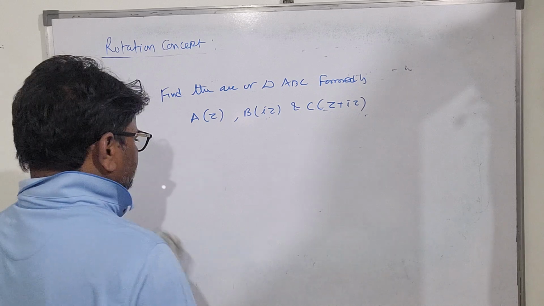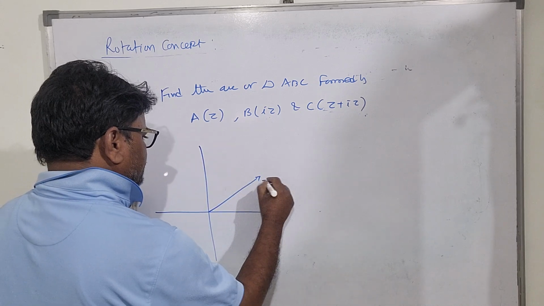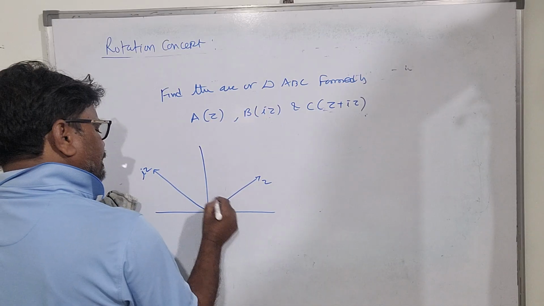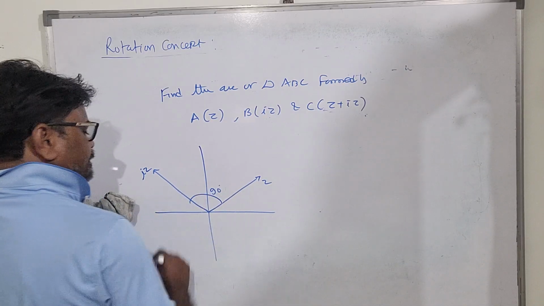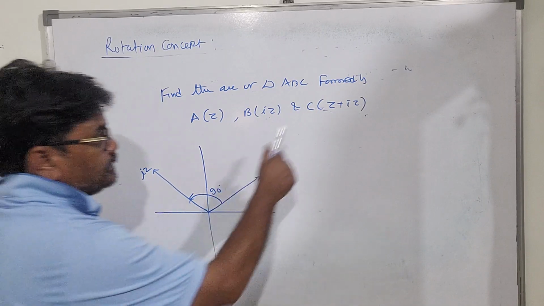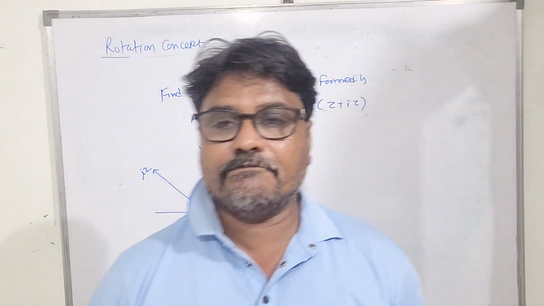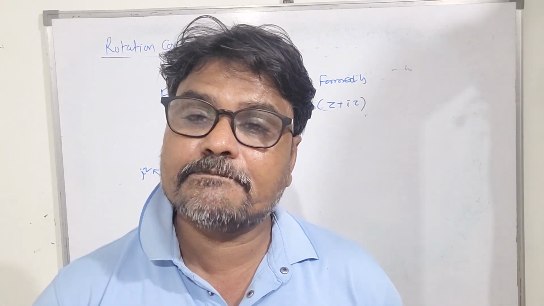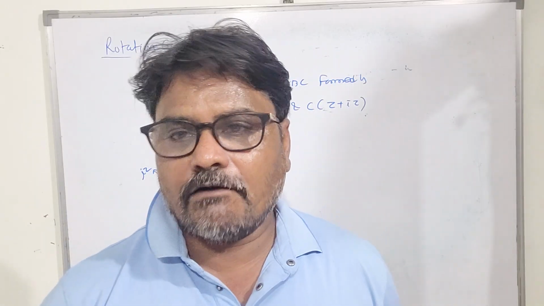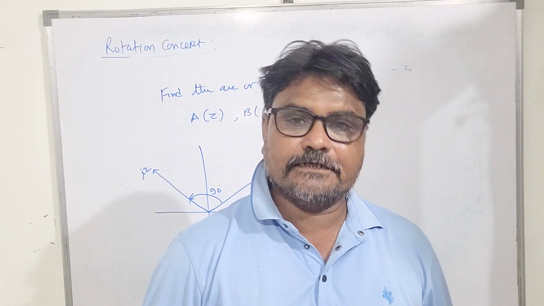Okay, fine. See, we know that this is the complex number z. This is the complex number iota z. Angle between them is 90 degree. Okay, clear? Now what about this z plus iota z? As I said earlier, every complex number is represented by a vector. So the parallelogram law of vector addition is also valid over here.